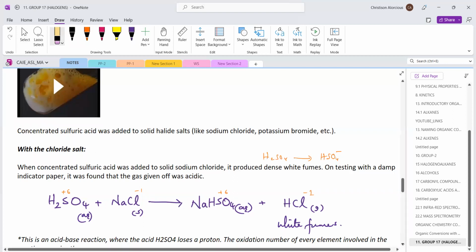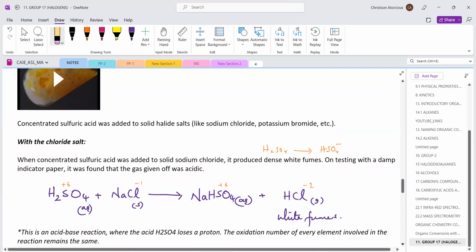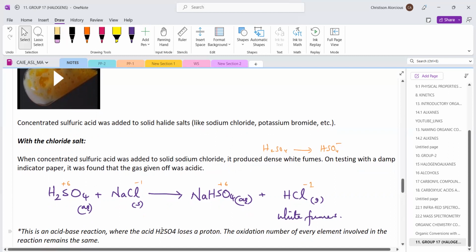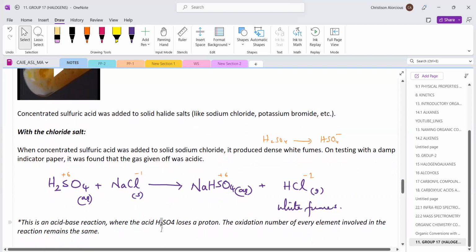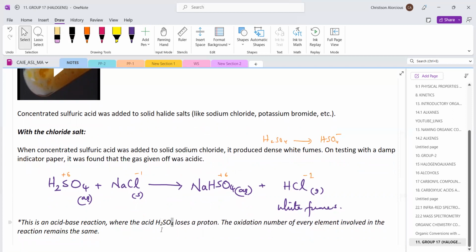So the first one is an acid-base reaction. If you look at the oxidation numbers of every species present on either side, you'll find that they are the same. Why did I only mention sulfur and chloride? We'll see that a little later.